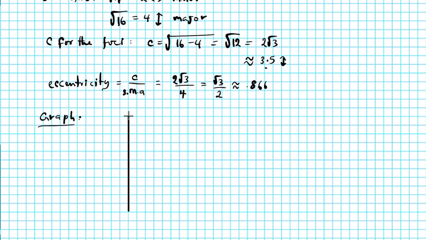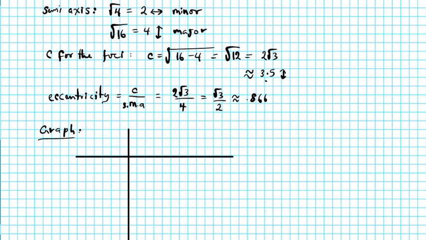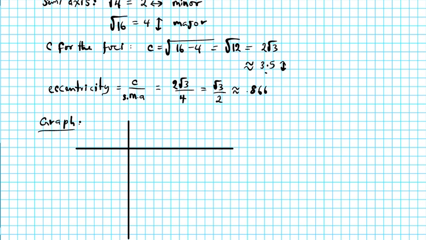I'm going to shift my y-axis to the left a little bit, and shift my x-axis up. The center is 2, -3, so let's graph that. Everybody go ahead and graph the center.